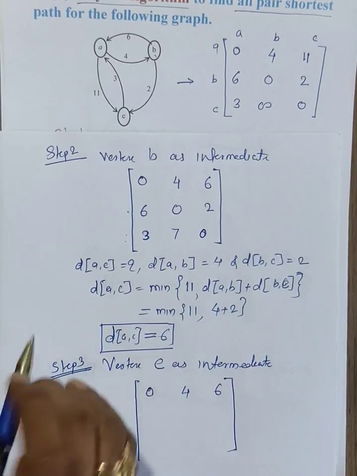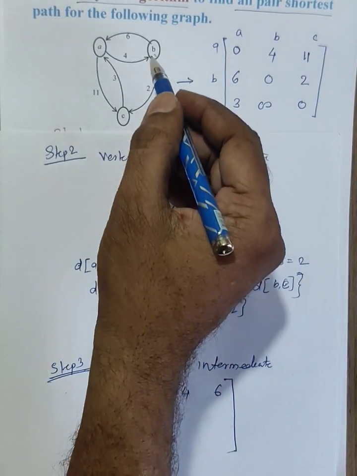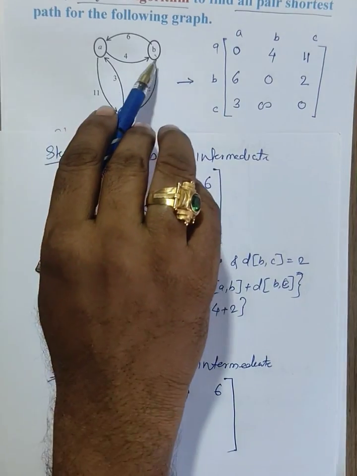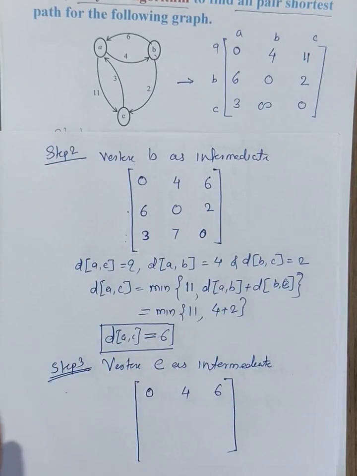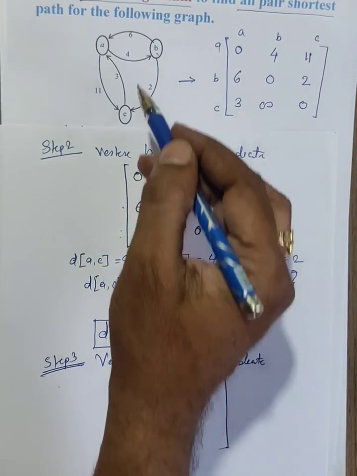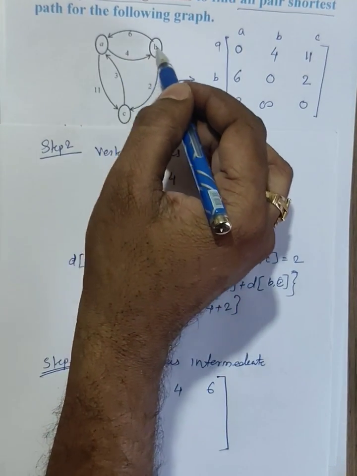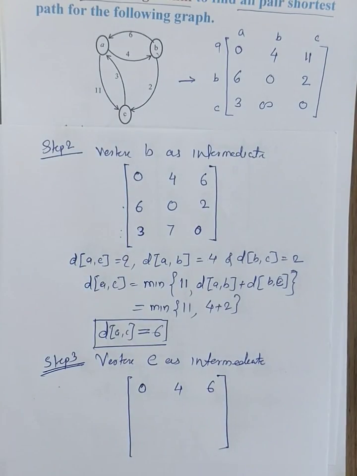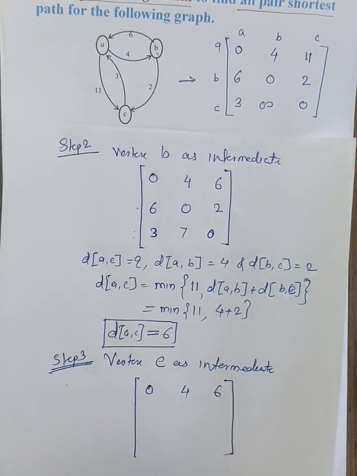Next from B, B to C edge is there. If B to C edge is there, then the B row maybe will get different values. B to A previous is direct, 6. B to C, C to A edge is there. Means this one we can find.